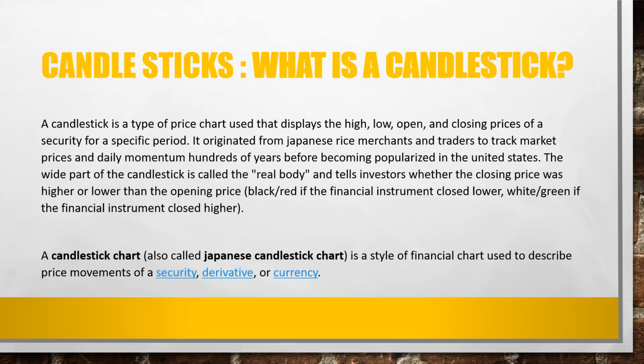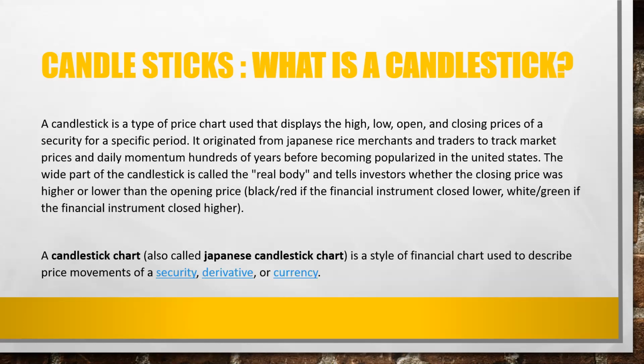The white part of the candlestick is called the real body, and it tells the trader whether the closing price was higher or lower than the opening price. Red and black are the colors that we use when it comes to candlesticks.